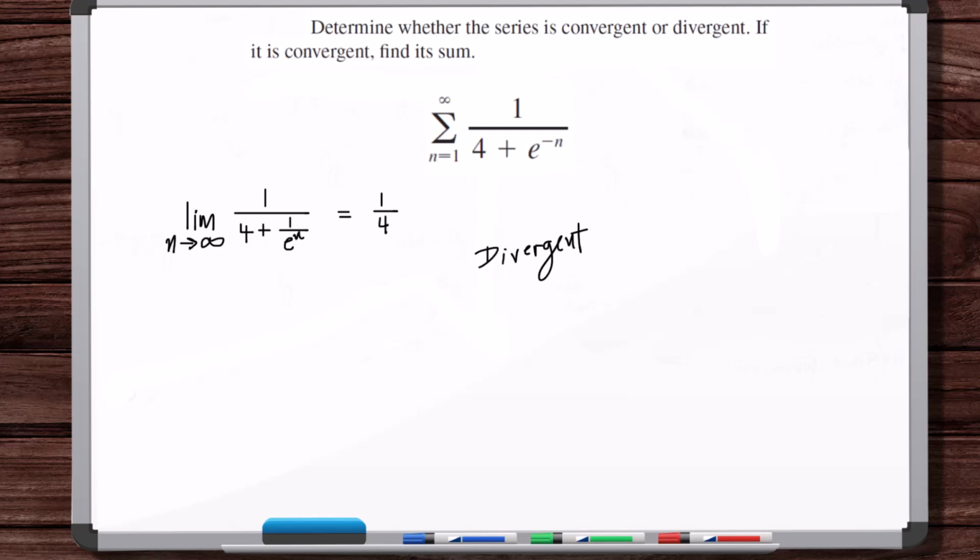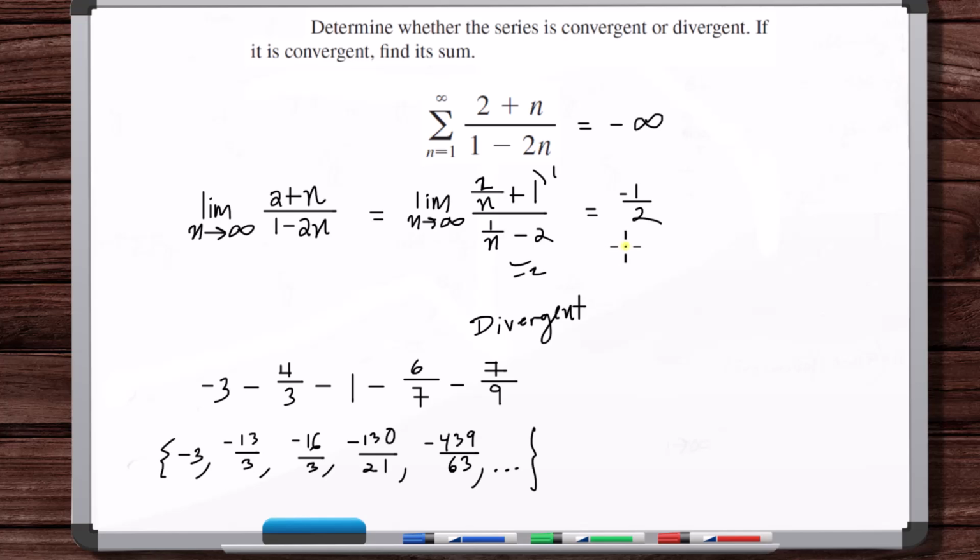In fact, if we come back here, we could have used that same analysis here. Since this converges to -1/2, whenever you go way down the series, you're going to be adding -1/2 every time, because the sequence converges to -1/2.